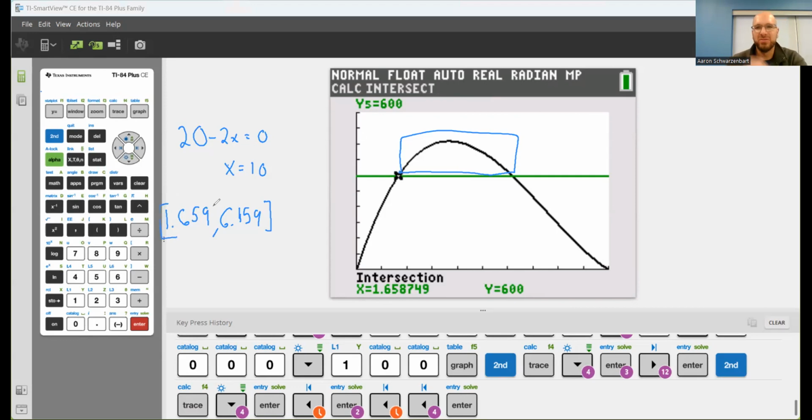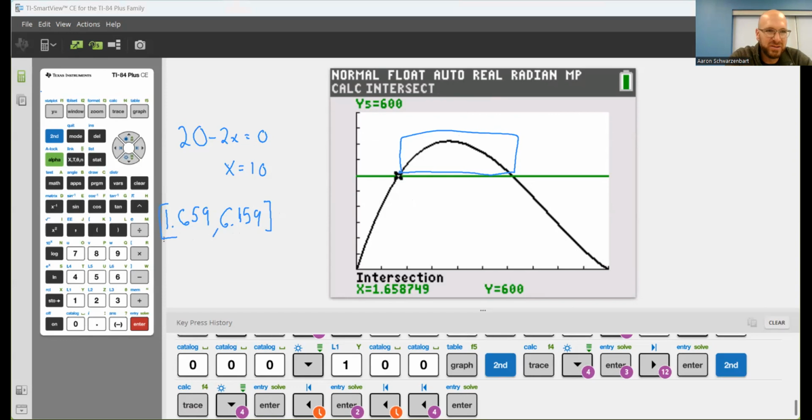And that is my interval where it is greater than 600. Okay. So my box will have a volume greater than 600 if X is between 1.659 and 6.159. If that's what I need, more than 600, that's fine.